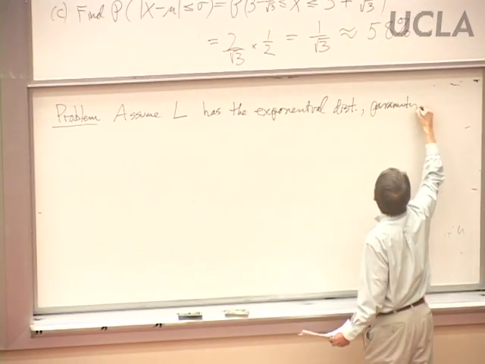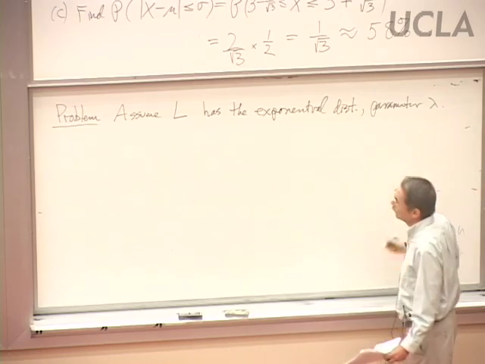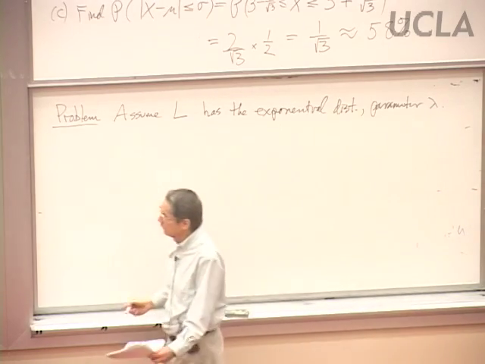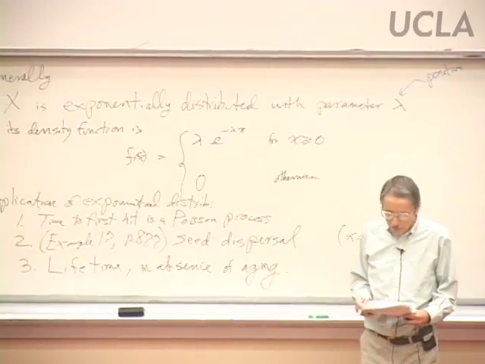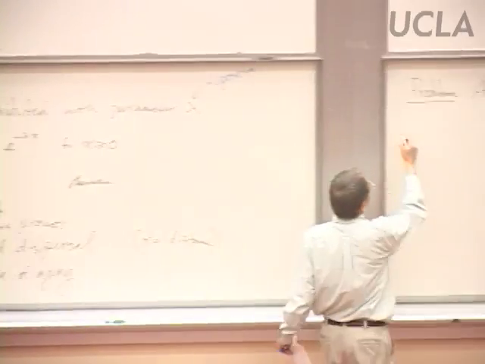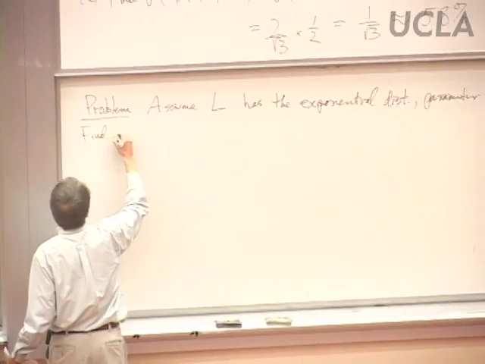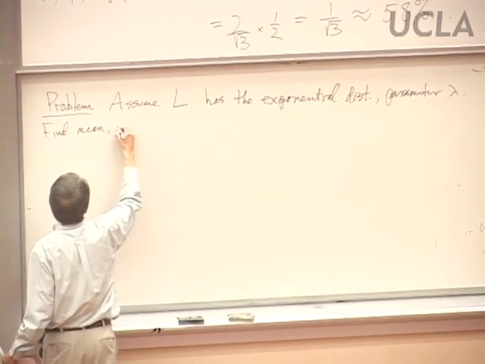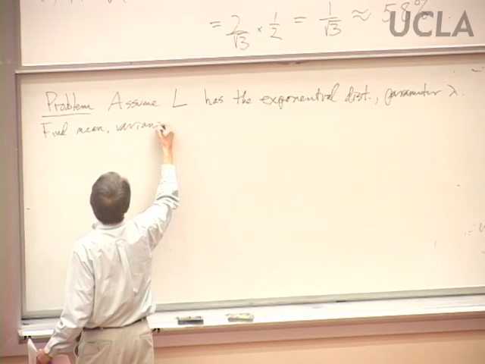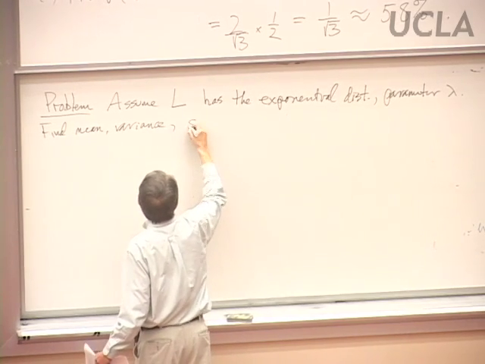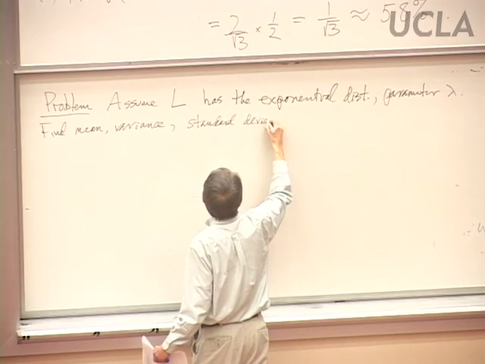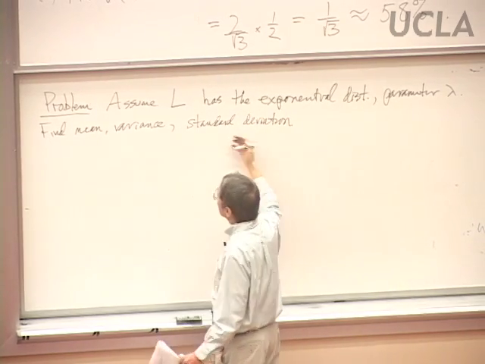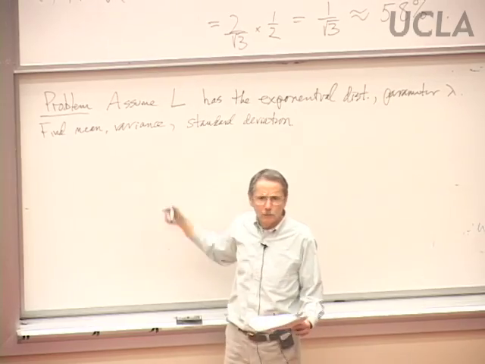So there's some parameter lambda, some positive number that tells us what its density function looks like. And we want the mean and variance and standard deviation. And we expect that these will depend on what lambda is.